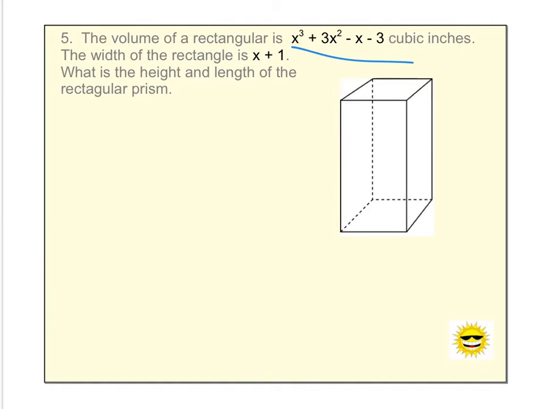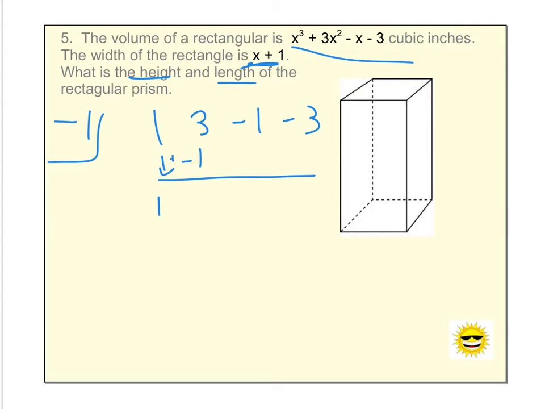All right, so the volume of a rectangular prism is x cubed plus 3x squared minus x minus 3 cubic inches. The width is x plus 1. Find the length and the width. So here we go, just doing what we've been doing. So now we're putting it into a context. Drop. Multiply.